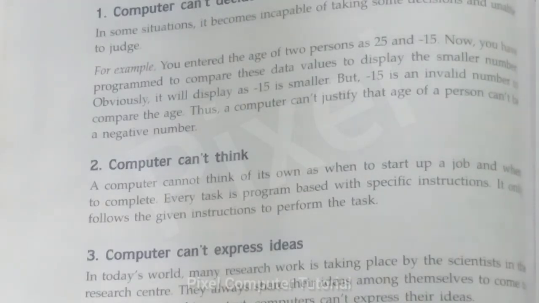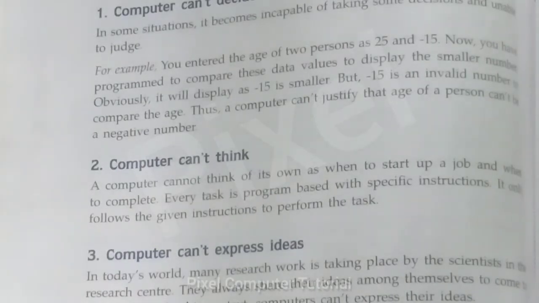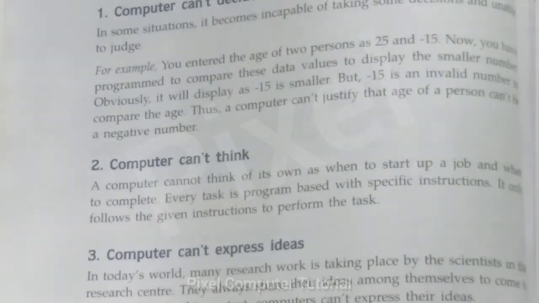If you ask which is the smallest number, one person is 25 years and the other person is minus 15 years. There is no possibility of minus 15 years. It can be 15 years, but the computer cannot decide. It can only decide which is a smaller number, that is all. But between minus 15 and 15, it cannot judge.